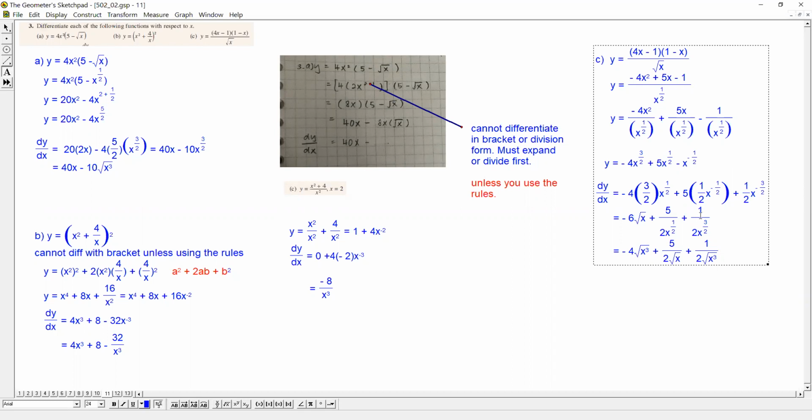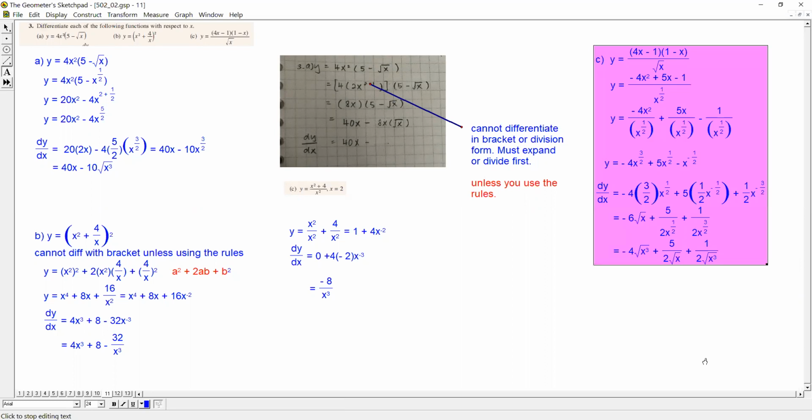Now negative 3/2, you bring down, so it's x to the power 3/2, right? The half you convert to square root. The half here also you convert to square root. The cube you remain as cube here. So this is the differentiation, right?